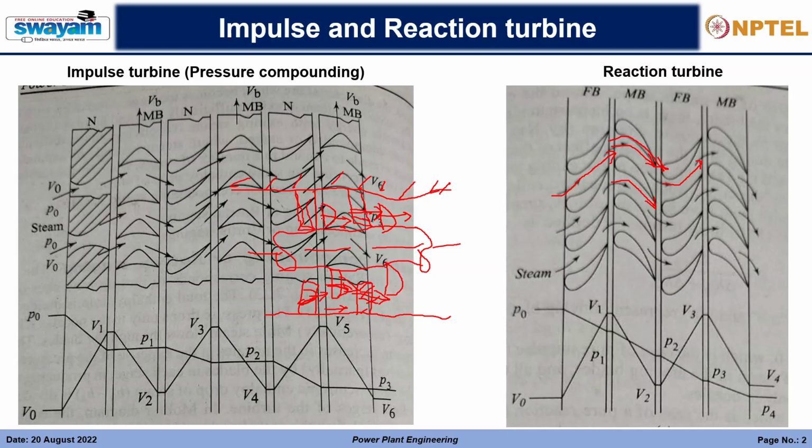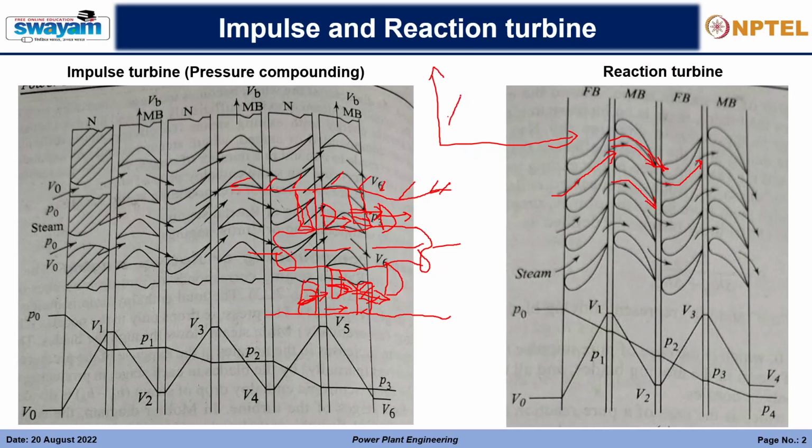Right. That will be better explained in this pressure and velocity diagram you can see here. The velocity has increased till here, then it has gone till here. Let me again tell you here.